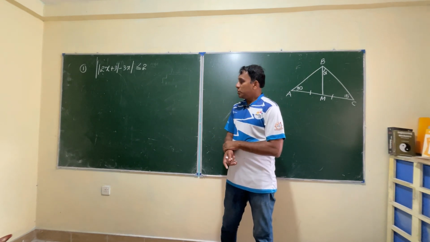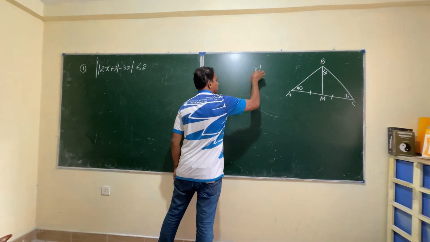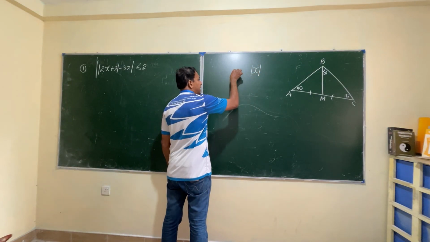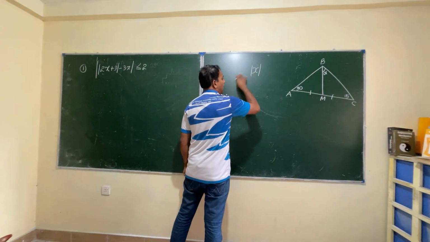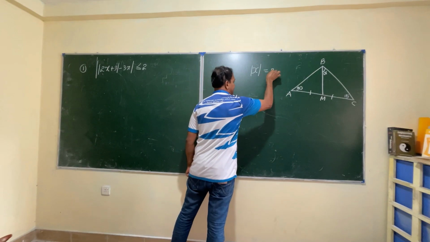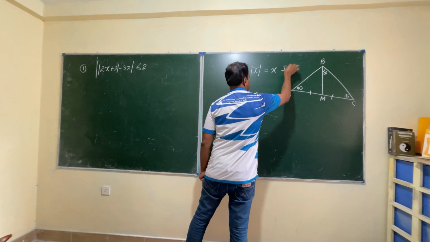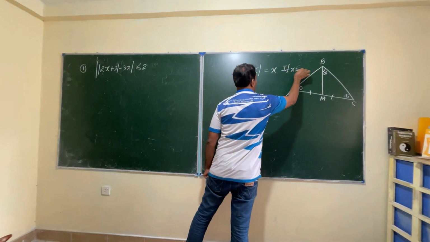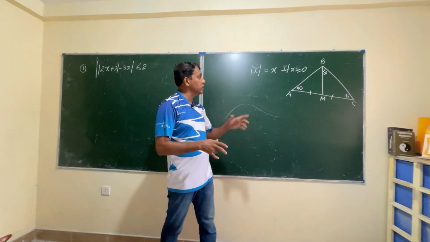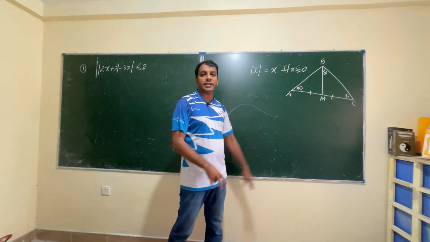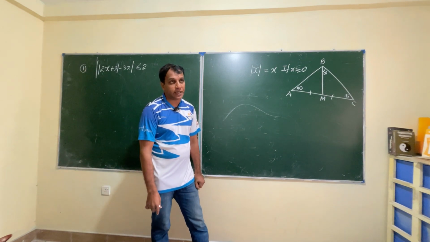Okay. So see here, before that I will show two things of modulus. We call it the beginning of the modulus lesson. If x is greater than or equal to 0, then mod x is x. If you know the inside of the modulus is positive, you can write it directly: mod x equals x.